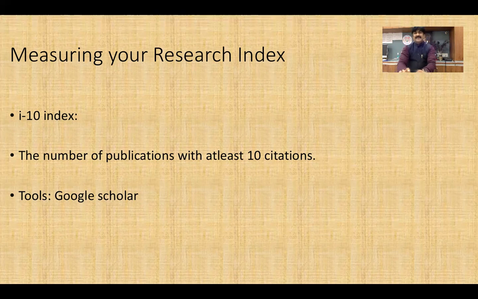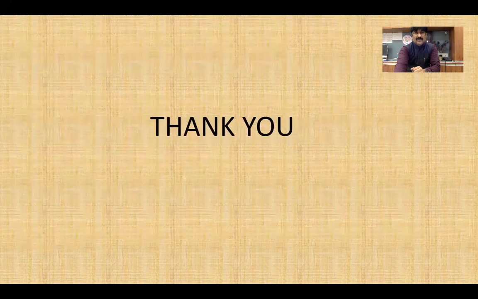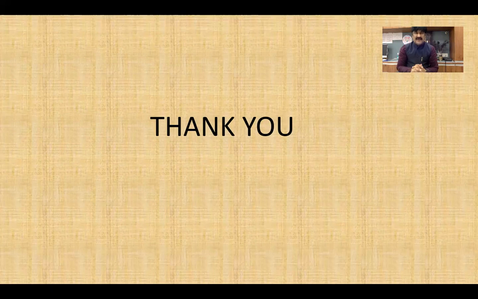So these various indices, the H index, G index or i10 index, and the impact factor value which you have, relate to research publication and research papers in our academic or research career.